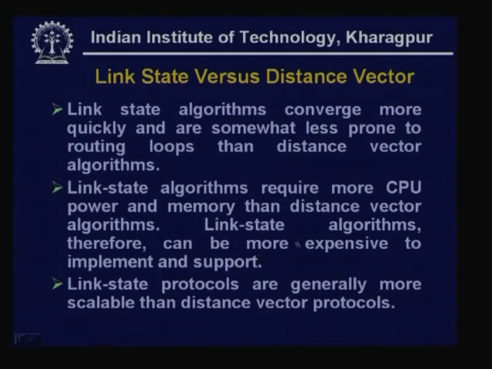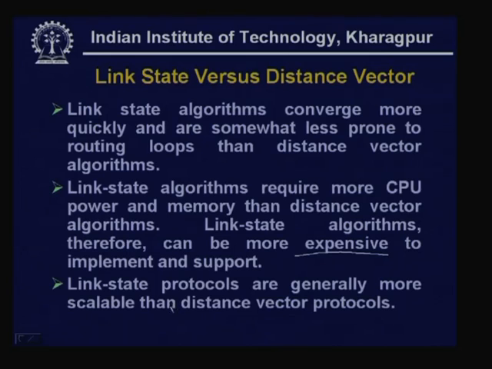As we have seen, in case of link state routing, the nodes are gradually gathering information for making a database, and the database will require lots of memory. Then they have to do the computation on the database, and each and every node will use Dijkstra's algorithm to get the least cost path to each of the destination nodes, and as a consequence it will be a little expensive to implement and support.